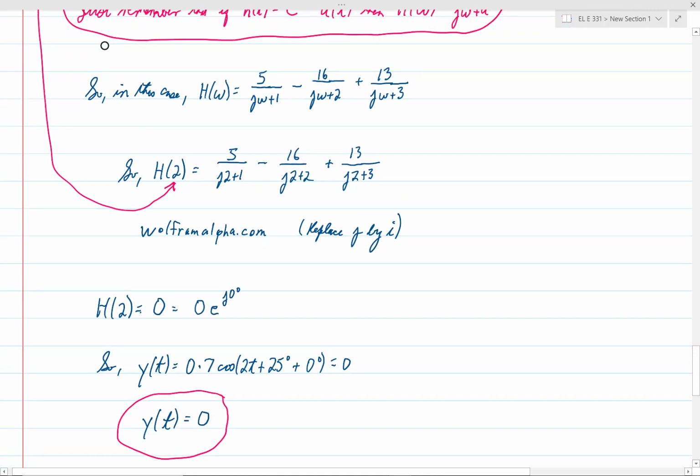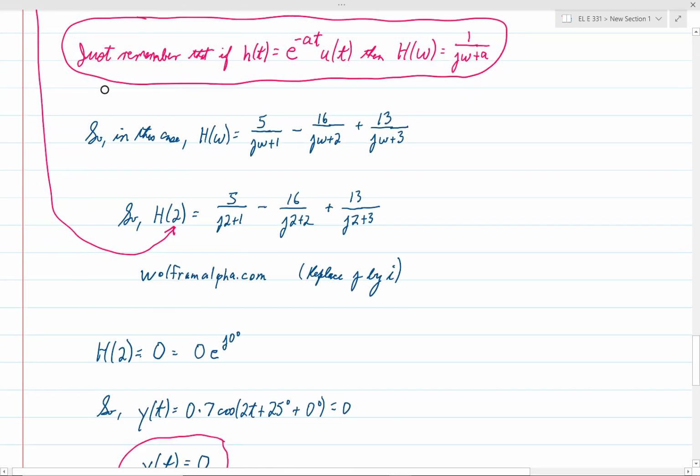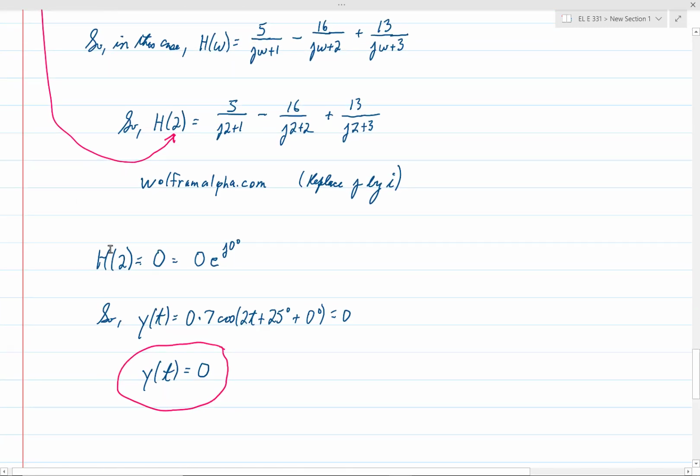I want to just emphasize, this input is certainly not 0. You can clearly see that's not the 0 function, but the output will be 0 because the frequency response at that frequency is 0.